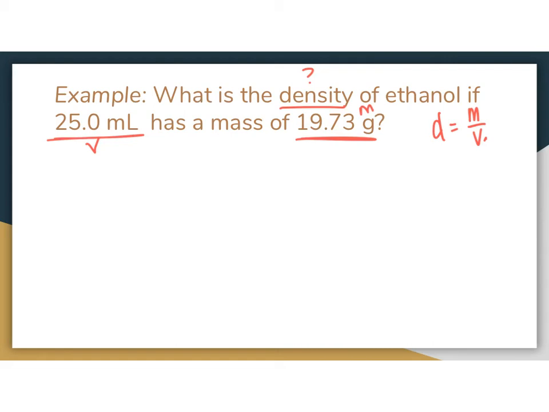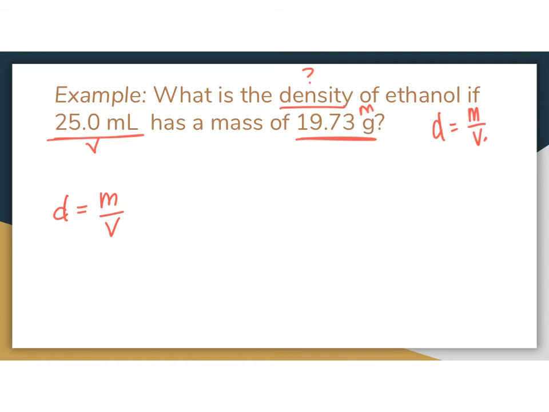Now with this problem, I don't have any fractions here, and I don't have anything that I can turn into a conversion factor. So I'm going to set it up just like you probably normally would in math class. So D is equal to M all over V. That's my original equation. It is nice to actually have that equation before you start punching in numbers.